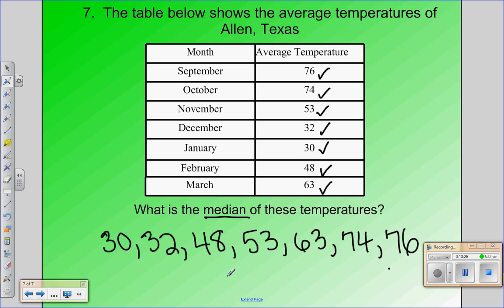All right, median is the number that's in the middle, so we're going to cross out left and right, our low number and our high number. Keep going left and right, and you are left with the number that is in the middle. 53 is going to be your median for this data chart.